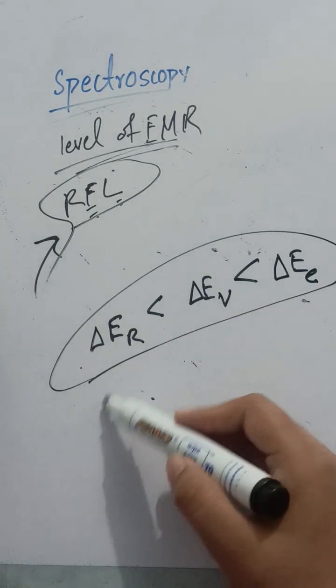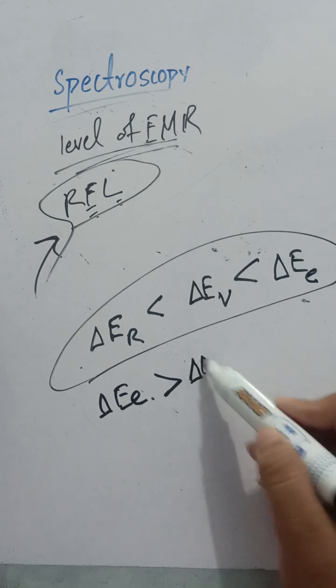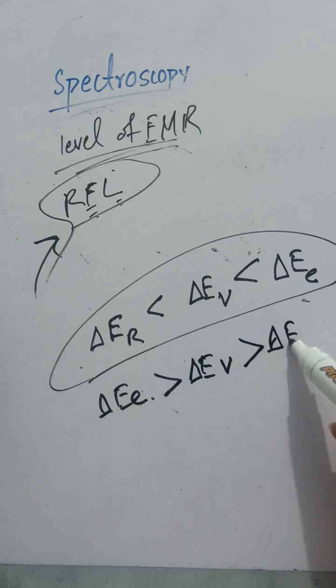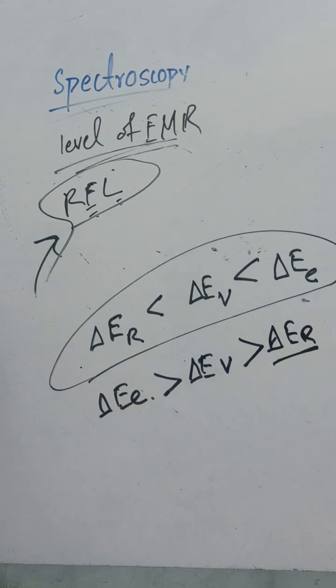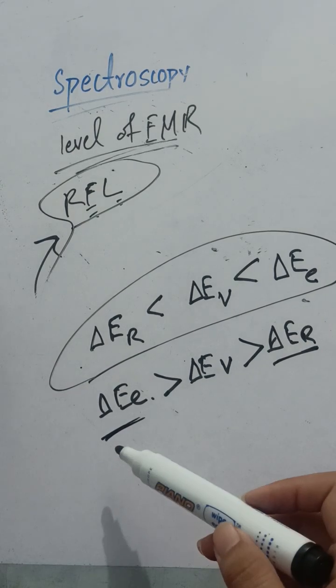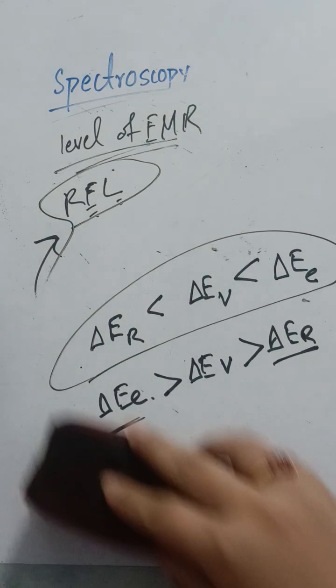The delta E of the rotational energy level is the lowest, while the delta E of the electronic transition of the electronic energy level is the highest. So you should know the energy transition difference between all of them.